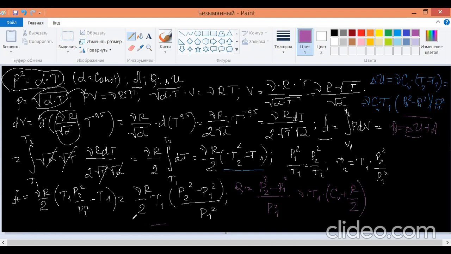So these are the three formulas we are supposed to derive in this problem. This is the formula which enables us to calculate the amount of work done during this process, which is characterized with this equation. This is the formula for the change in internal energy, delta U. And this is the formula which enables us to calculate the amount of heat transmitted during this process.